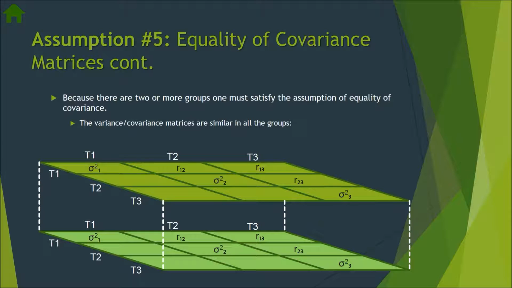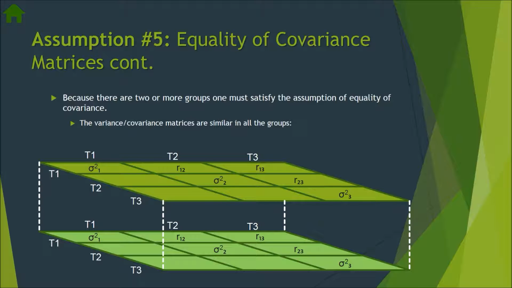So sphericity was introduced for a one-way repeated measures ANOVA, which only has one group. However, when we're doing a mixed model, we're introducing that randomized element to the analysis, which compares the differences between groups. So we have more than one group. So we need to make sure that the covariance matrices are similar between all the groups.